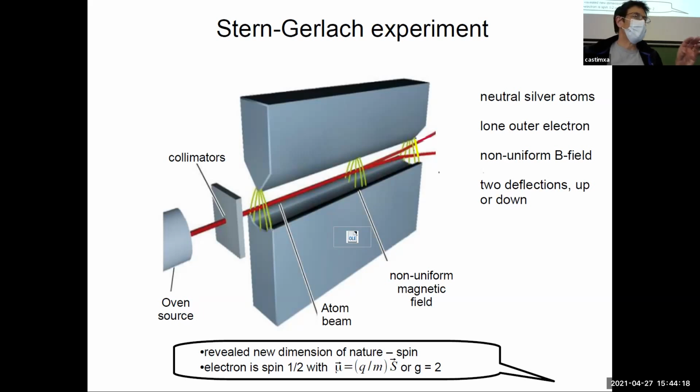In the experiment, what they saw is not just this sort of dispersion of the magnetic silver atoms due to the magnetic forces, but they saw that you got two distinct deflections. So one up deflection and one down deflection.